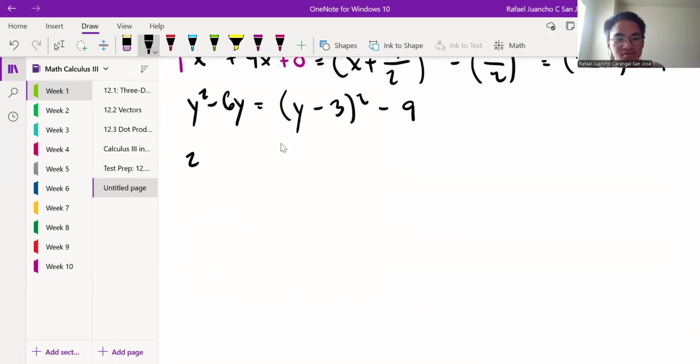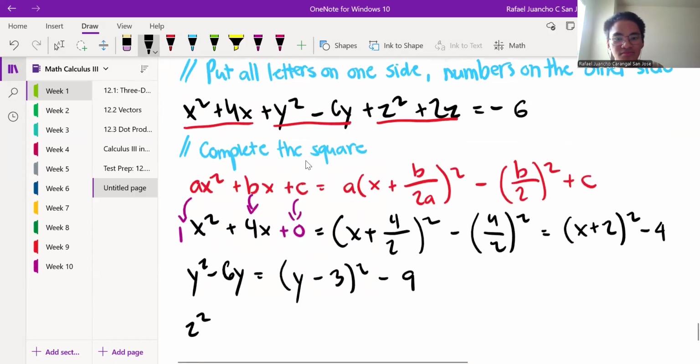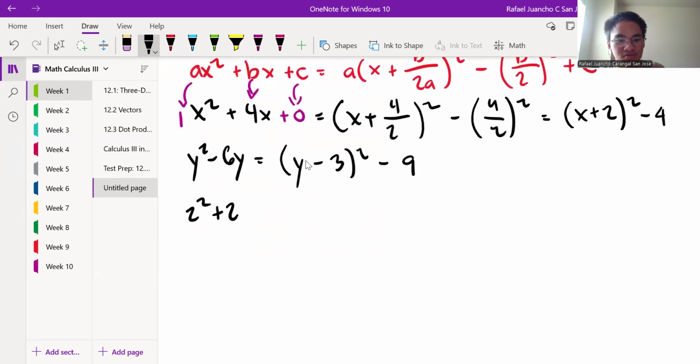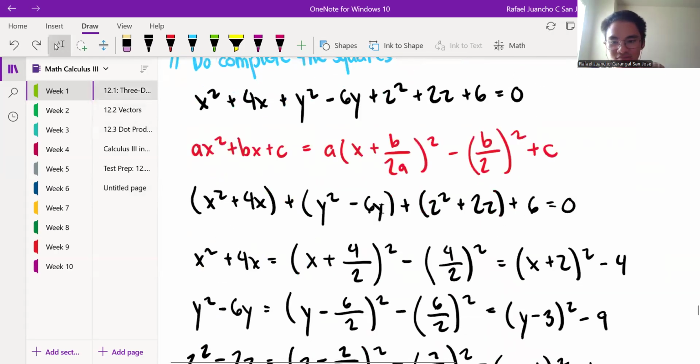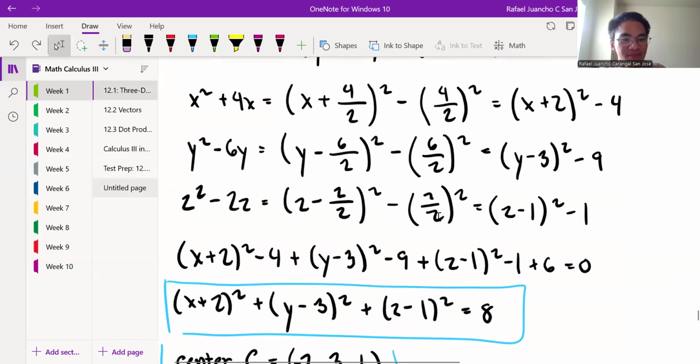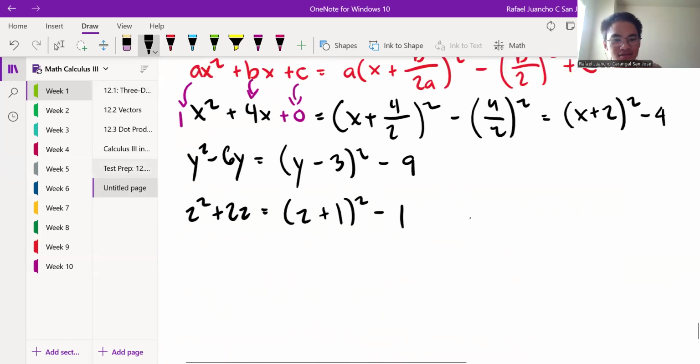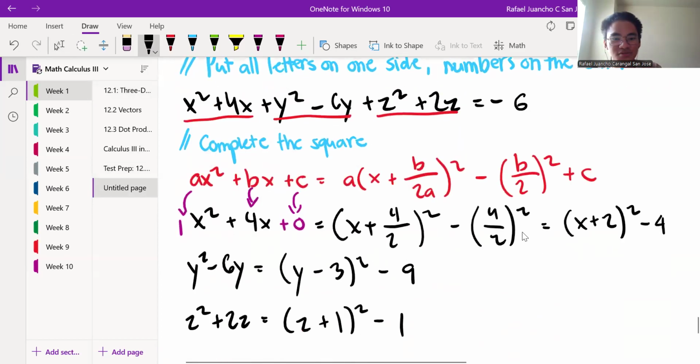And then our z squared plus 2z. So z plus 1 squared minus 1 squared, minus 1. All right, checking my cheat sheet. Yeah, I'm right. Okay, and then we just want to put them all together.